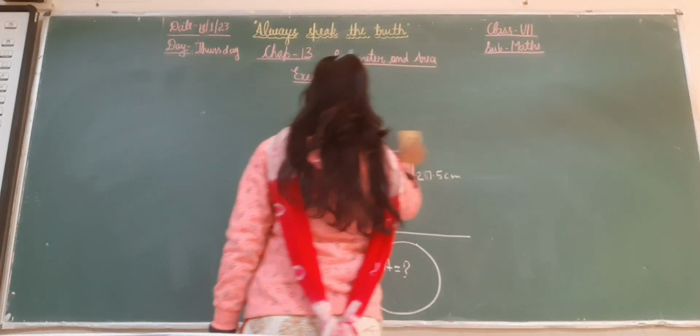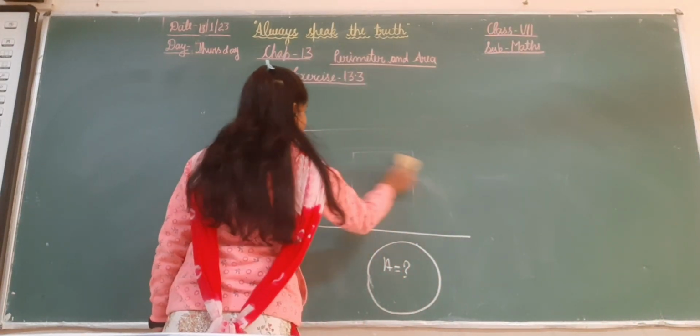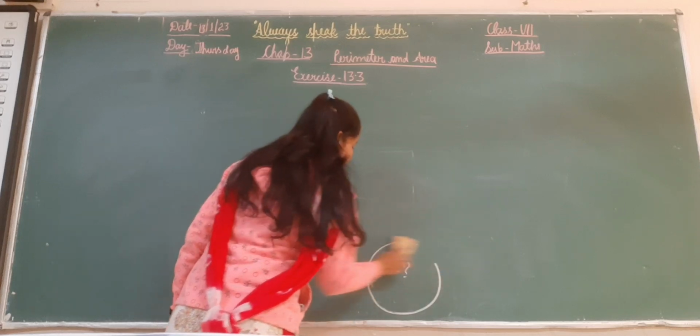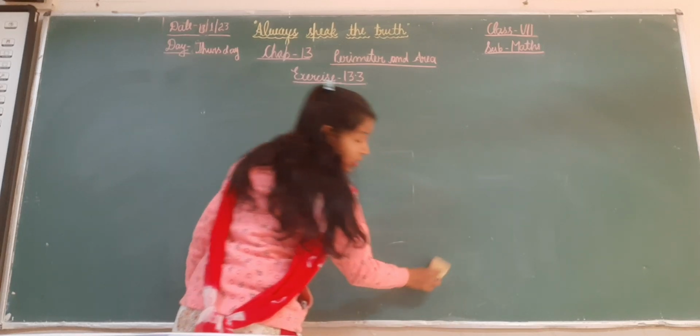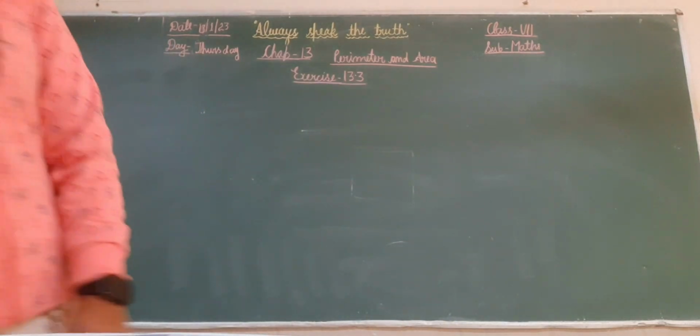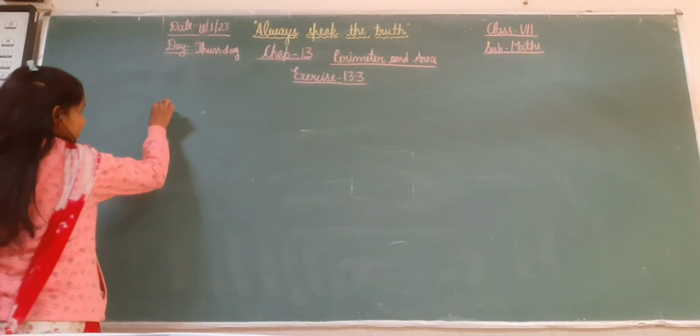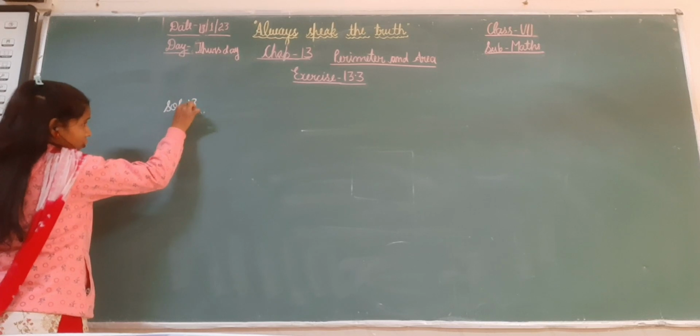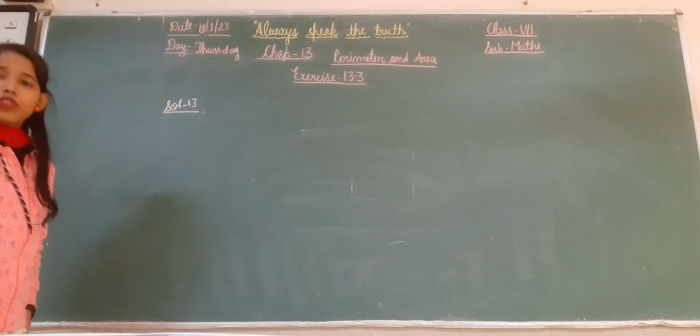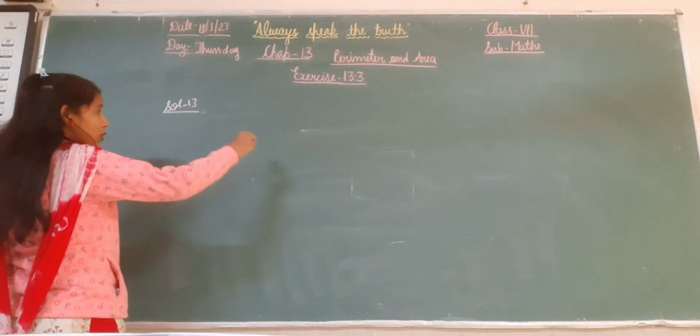So write down the solution. Question number 13. So solution number 13 is: firstly, what is given? The side of the square is given.